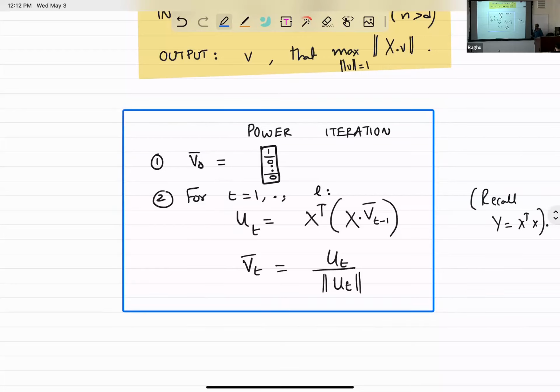It's the same algorithm as before, just that I'm normalizing every time so that I don't run into these rounding issues. And then you output. You don't have to normalize that. Okay.